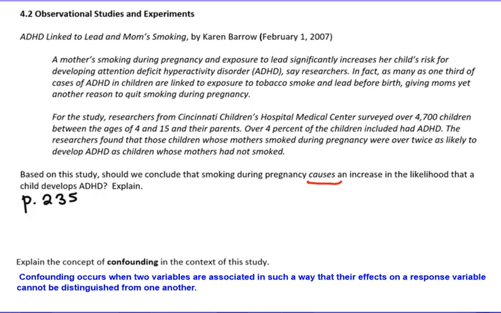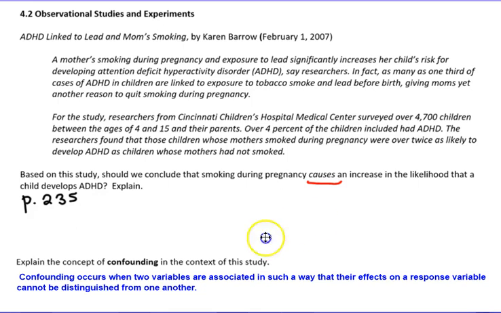An experiment in which the researcher follows certain protocols, which we'll discuss later, and randomly assigns the subjects or the individuals in the experiment to various treatments and then measures the response based on those treatments. We can get evidence for cause and effect from an experiment, but not from an observational study. So it is very important to be able to distinguish one type of study from the other.